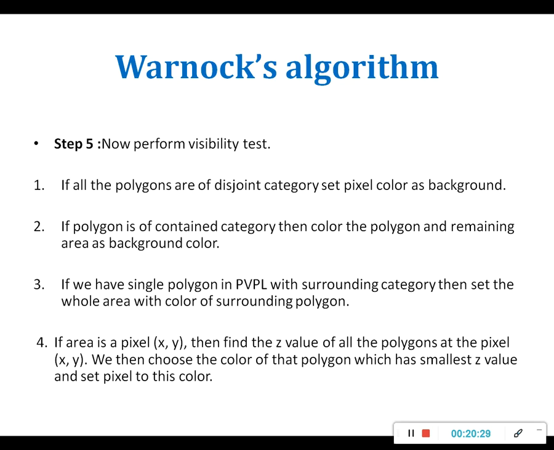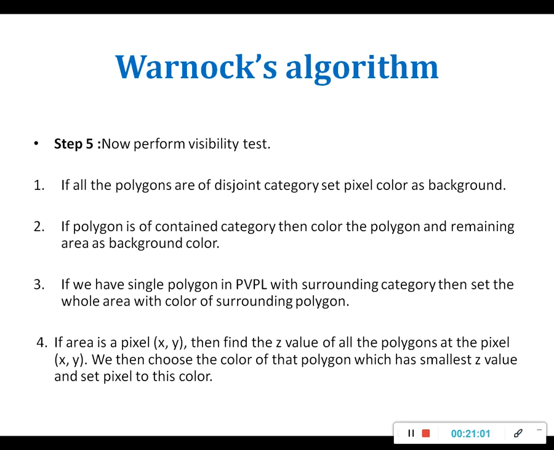We take the smallest z value from our PBPL list and give the pixel the color of the polygon having the smallest z value. So whatever color we get for the polygon with the smallest z value, that color we set for this pixel. This is step number 5, which is nothing but the visibility test.